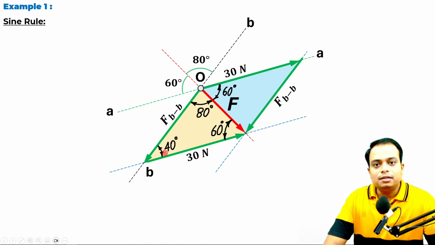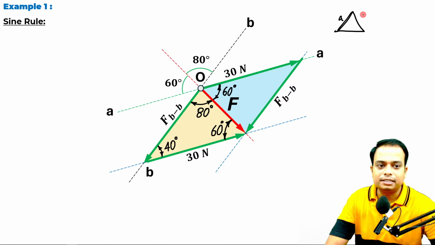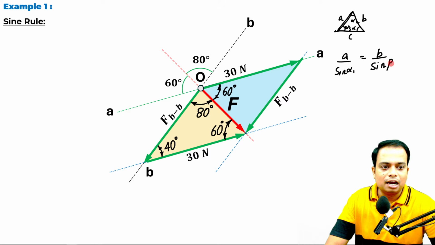Now what? Let's go ahead and apply the sine rule. In the sine rule, please note, if these are the sides A, B and C, and these are the angles alpha 1, alpha 2 and alpha 3, or alpha, beta and gamma, then A divided by sine alpha 1 is equal to B divided by sine alpha 3 is equal to C divided by sine alpha 2.